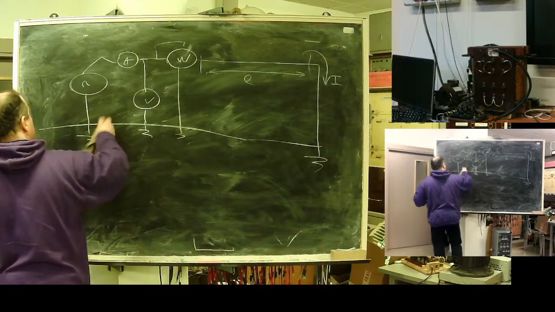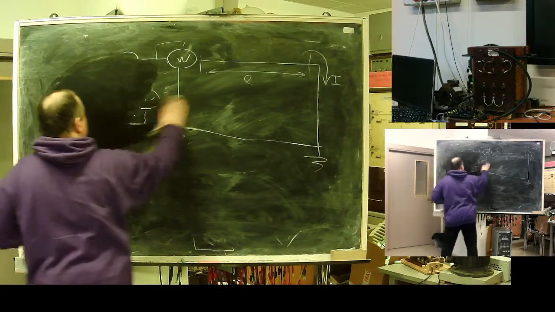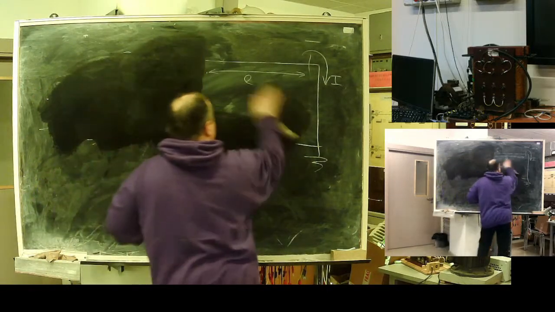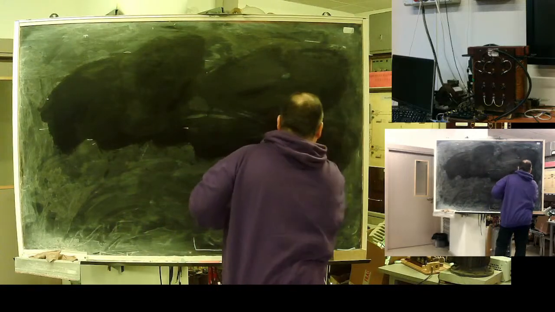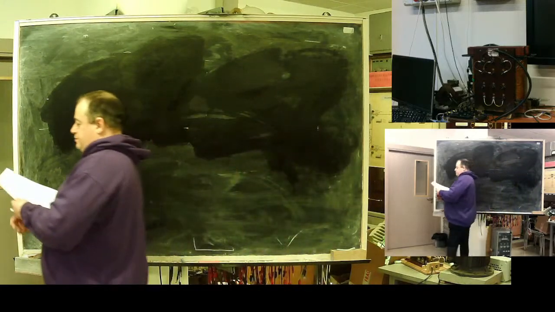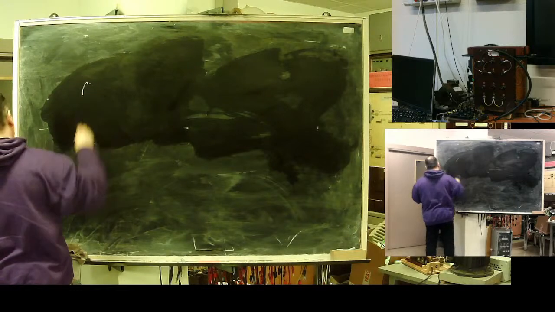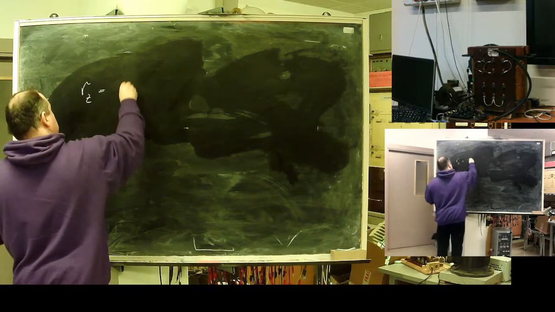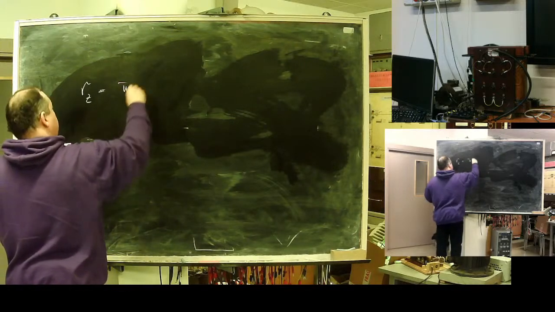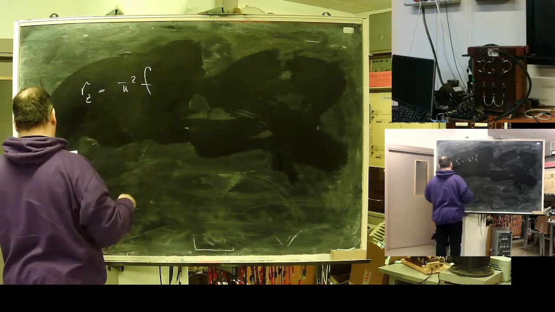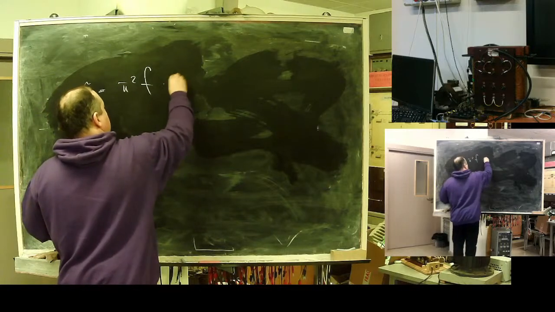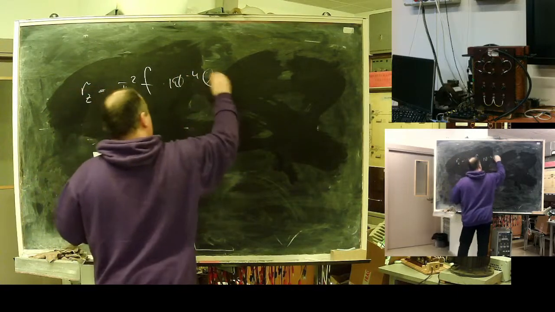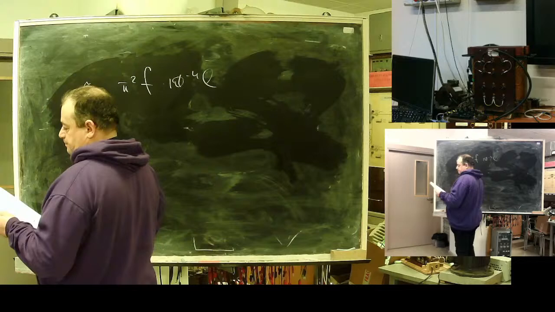Very approximate ground resistance can be found as P square frequency multiple length ohm.